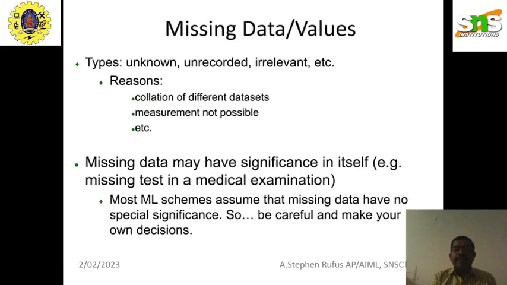So what reasons will cause this? The correlation of the different data sets, or the measurement is not possible, or we can't sample the data from a large sample. So these are all the things that make us miss the appropriate data.